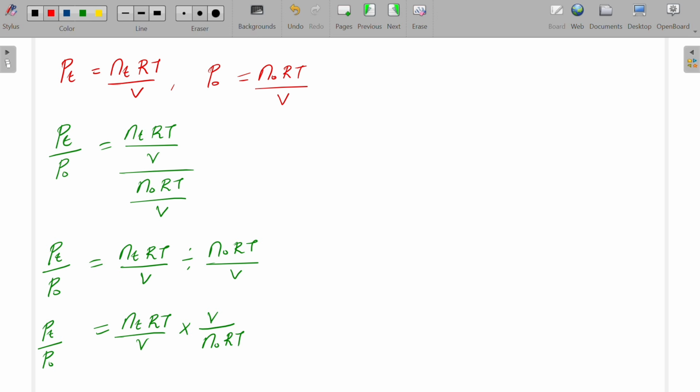So when you do this, you find that our RT and RT will cancel, our V and our V will cancel. So RTV are cancelling. What will remain now is PT over P initial is equal to NT divided by N initial, like that.